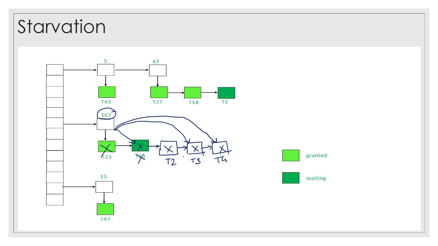In this way, if T2 needs to wait for an indefinite amount of time due to the inefficiency of the concurrency controller, then we can say that T2 has moved to a state of starvation. From this example, it may be clear to you how starvation can happen in the case of an inefficient concurrency controller.